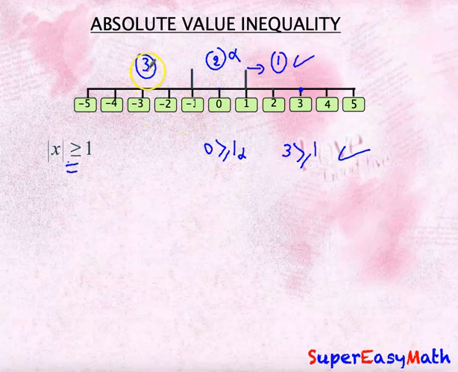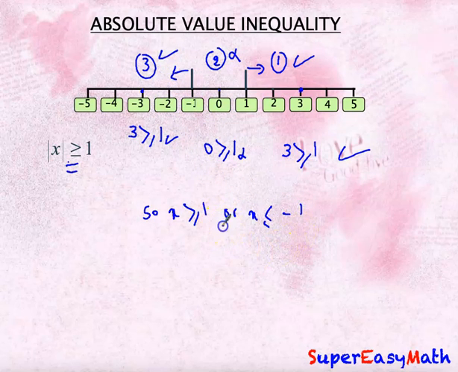And in part 3, when x is smaller than -1, take any value, -3 for example, absolute value of -3 equals 3, greater than or equal to 1, which is true. So here also we have a solution. So x greater than or equal to 1 or x smaller than or equal to -1.